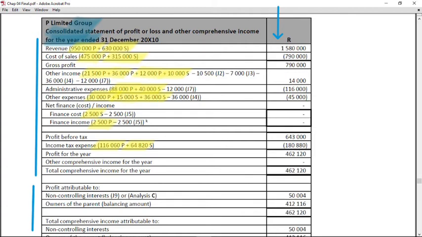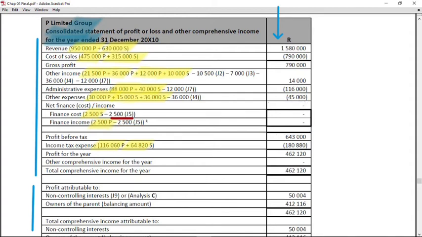You also see that effect on finance cost and finance income. The amounts eliminated are deducted from the starting point every time so that you are left with no amount in the consolidated SPLOCI. The reason for that is the only finance income and finance cost in this example was intra-group.